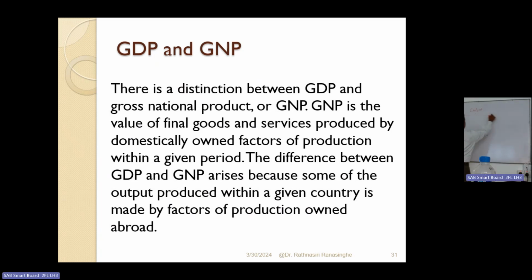So basically, we talk about it in two ways. One is the domestic output, and the other one is the national output. Those are the two concepts we identify: domestic product, which is the production, and national product.